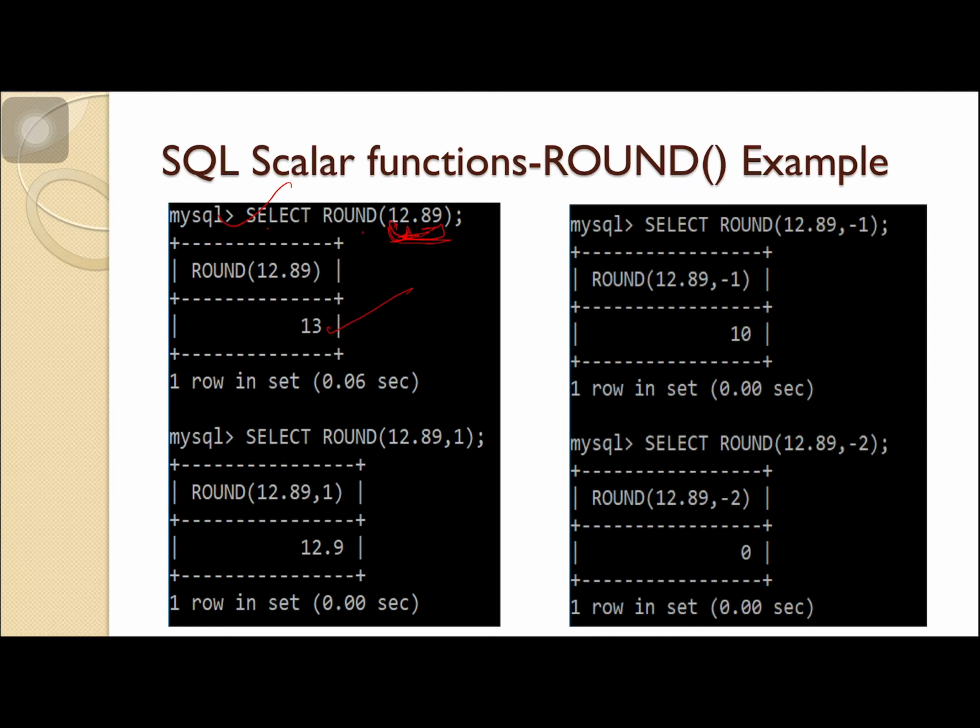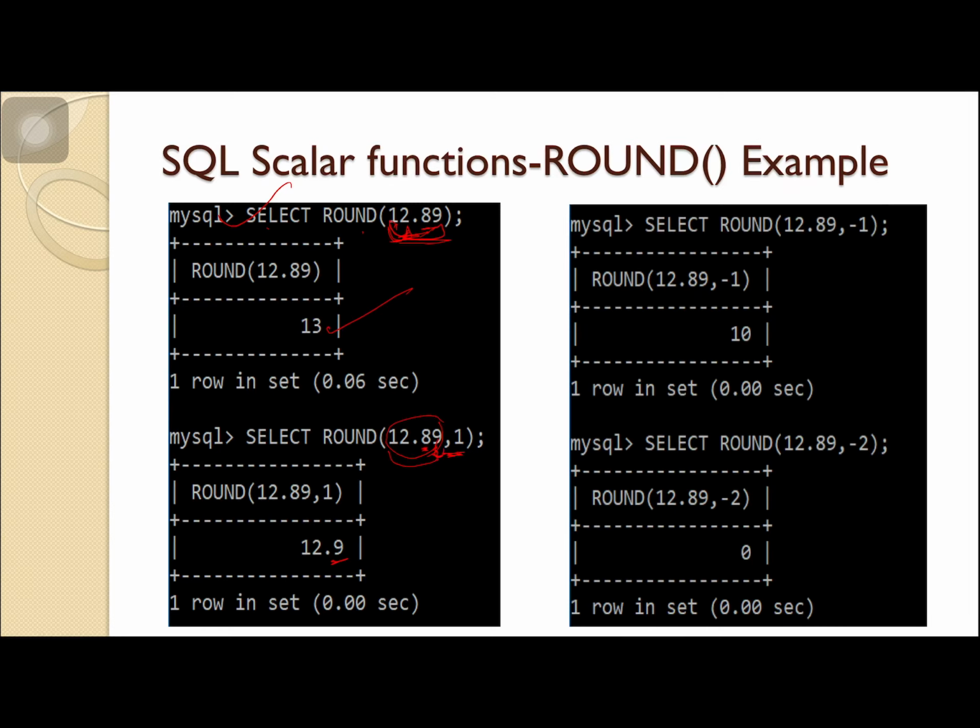The second version is where we provide a comma 1. Select round 12.89 comma 1. Comma 1 means round the number up to 1 digit after the decimal. Then what is the output? 12 point, what is the first digit? 8.